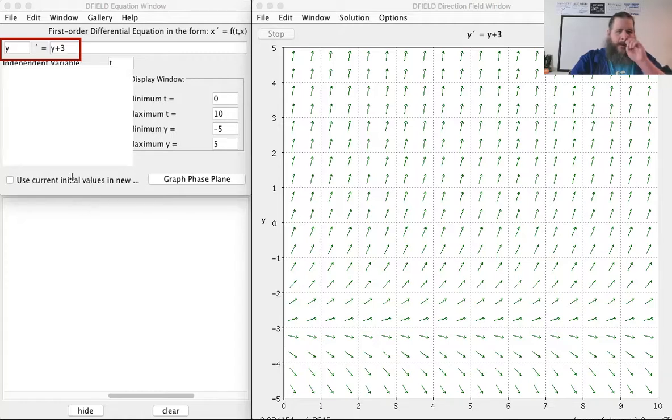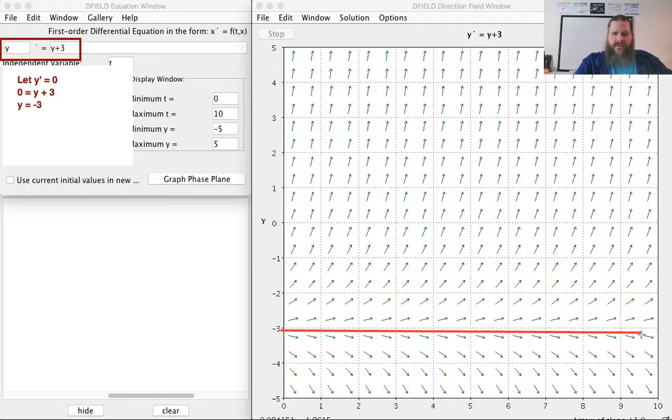So if we let y prime equal 0, in the sense that we want to find what has to happen to make the rate of change 0, to make it no change at all, then we get 0 equals y plus 3, so y has to be -3. So algebraically, we can see that y equals -3 is where we would expect an equilibrium solution. In other words, when y is -3, we should expect a constant solution. So one of the solutions is just going to be constant at y equals -3.